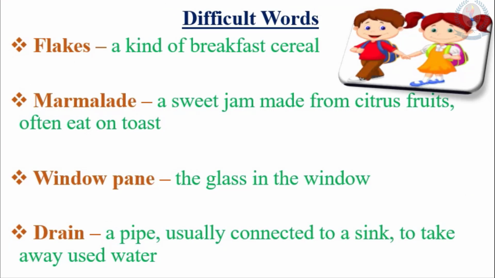Here are some difficult words in the poem. Flakes, a kind of breakfast cereal. Marmalade, a sweet jam made from citrus fruits often eaten on toast. Window pane, the glass in the window. Drain, a pipe usually connected to a sink to take away used water.